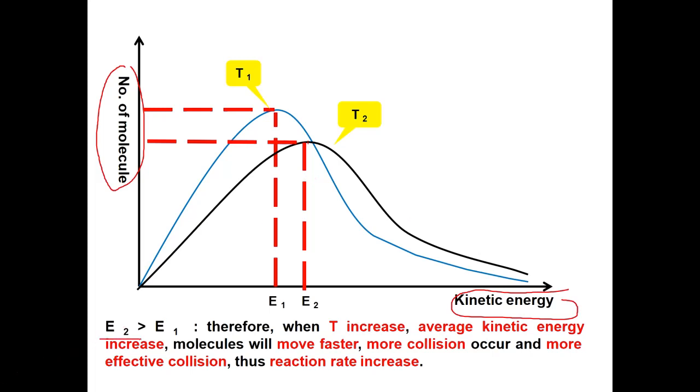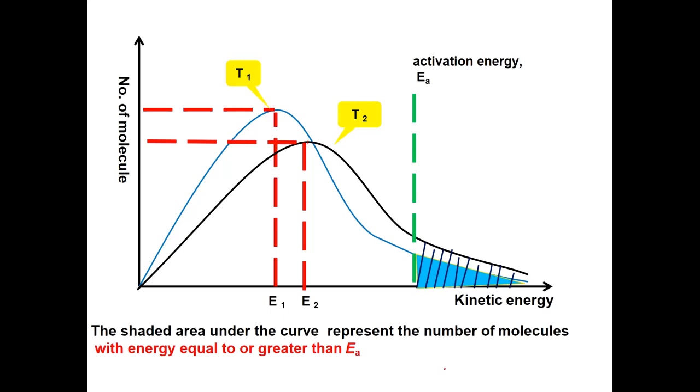E2 is greater than E1, so when T increases, the average kinetic energy increases, so the molecules will move faster, more collisions occur, and more effective collisions, then the reaction rate will increase. Next, let's say we have the activation energy EA here.